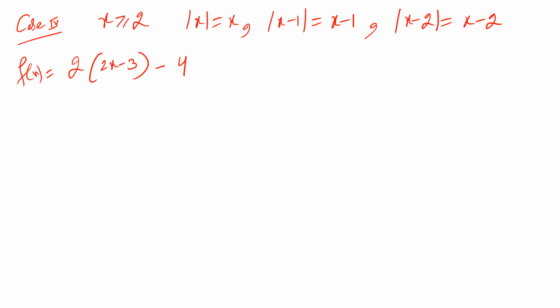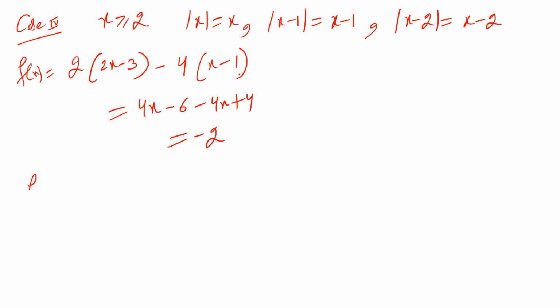So that means this is minus x plus 2, or this is just 1, into x minus 1, right? So finally we'll be getting 4x minus 6 minus 4x plus 4, or this is just minus 2. So that means f(x) is equal to minus 2 when x is greater than or equal to 2.